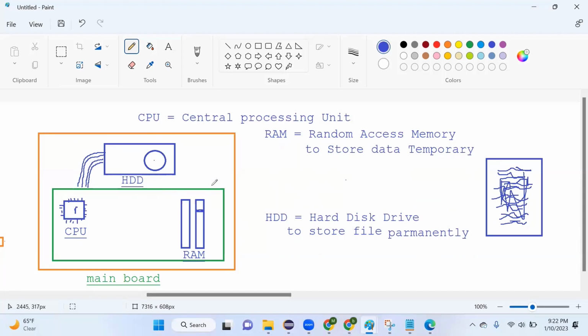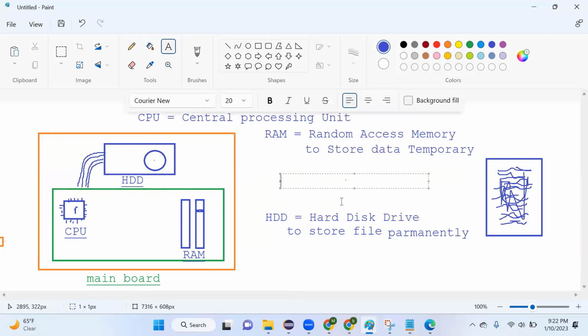So this is actually the computer, and let's do one thing. What is 2 plus 3? I ask the computer, hey computer, what about 2 plus 3? So I enter 2 using my keyboard, enter 3 using my keyboard, and the operator also, and then the CPU, central processing unit, processes it and sends the output to the display.